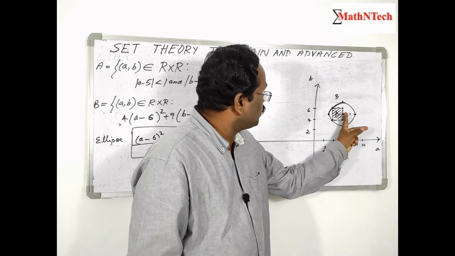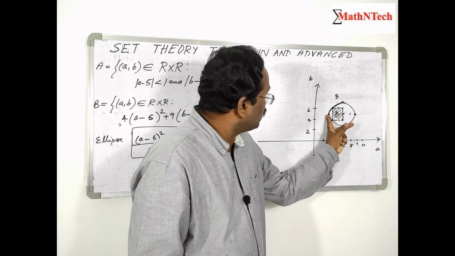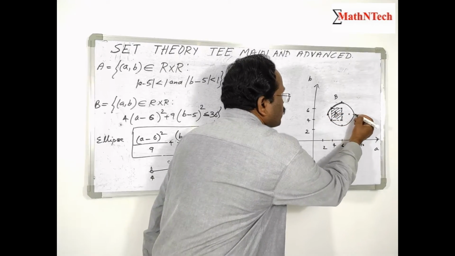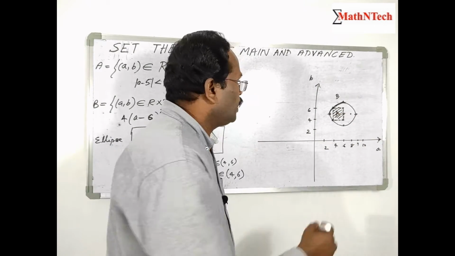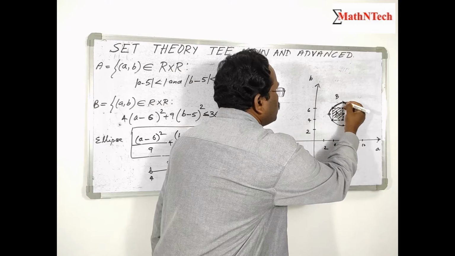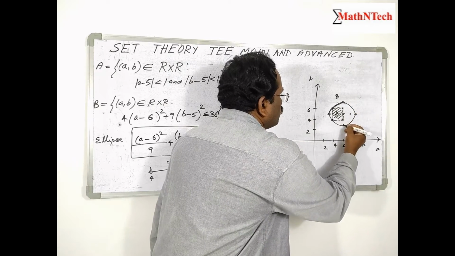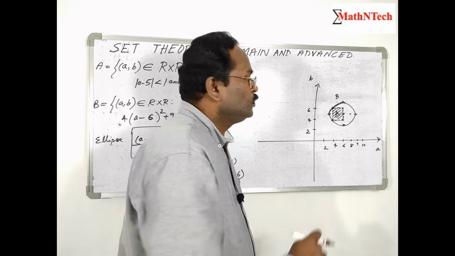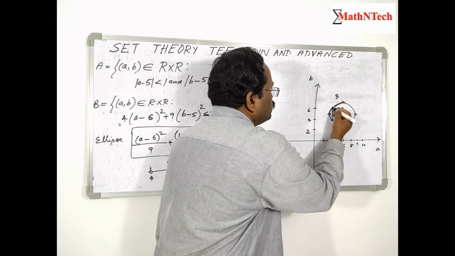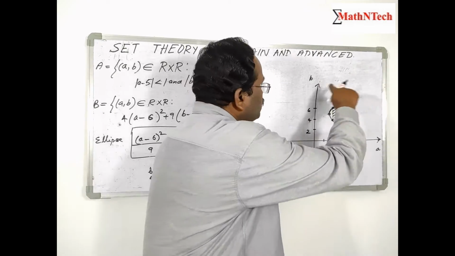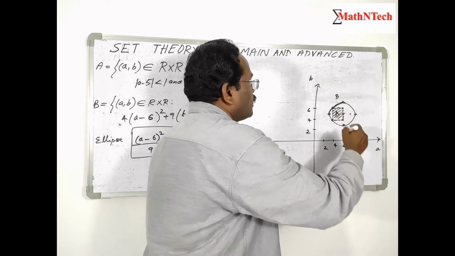Under 9, 3 square is 9, so 3 units right and 3 units left, here are the points. And 2 units upward, here is a point, 2 units downward, here is a point. Join these points. The ellipse passes through these points. That ellipse with boundary is our set B.